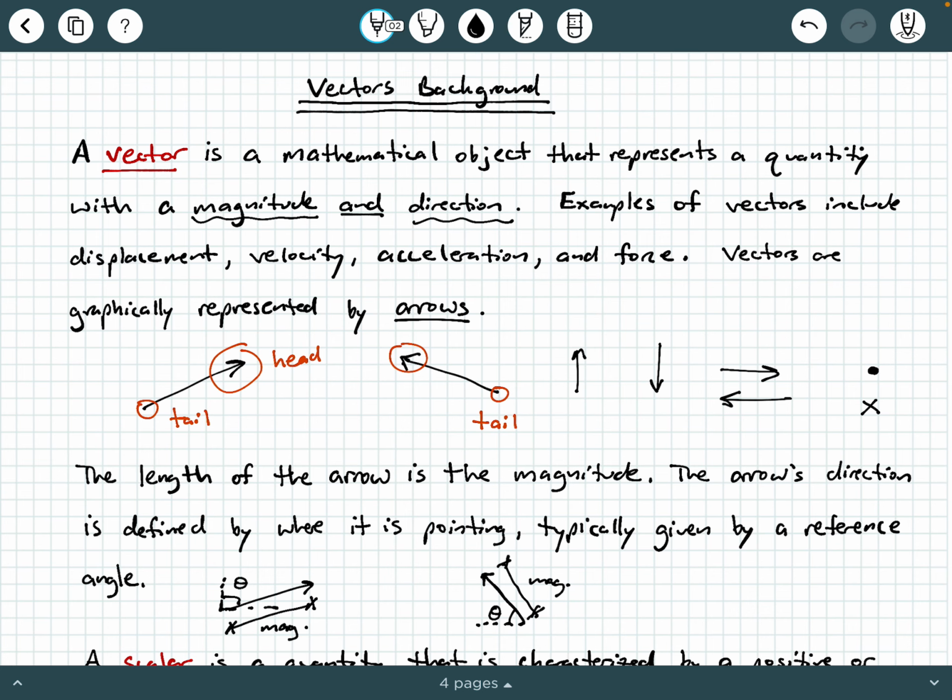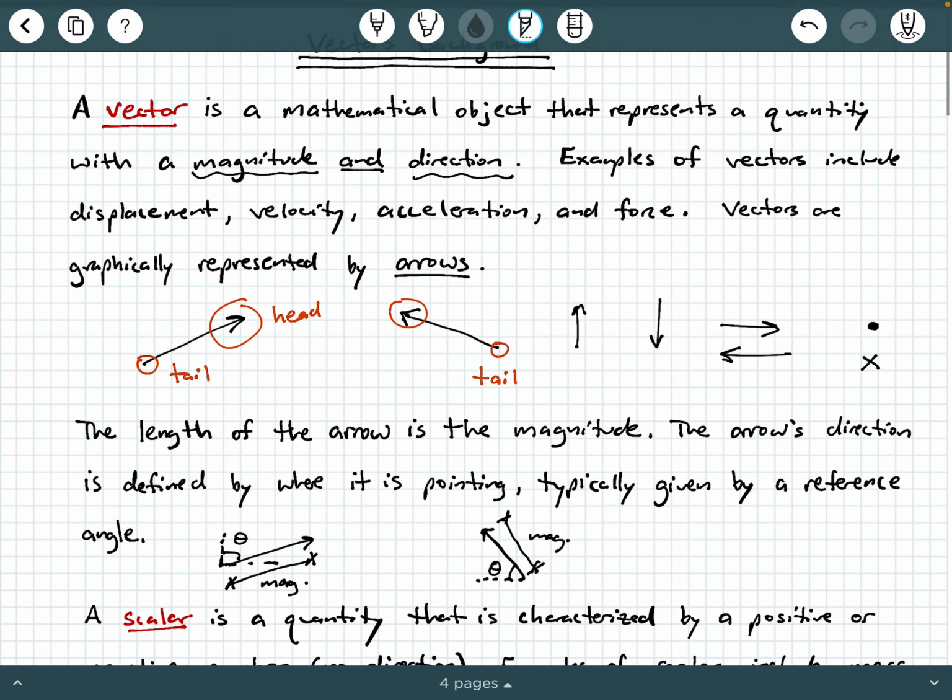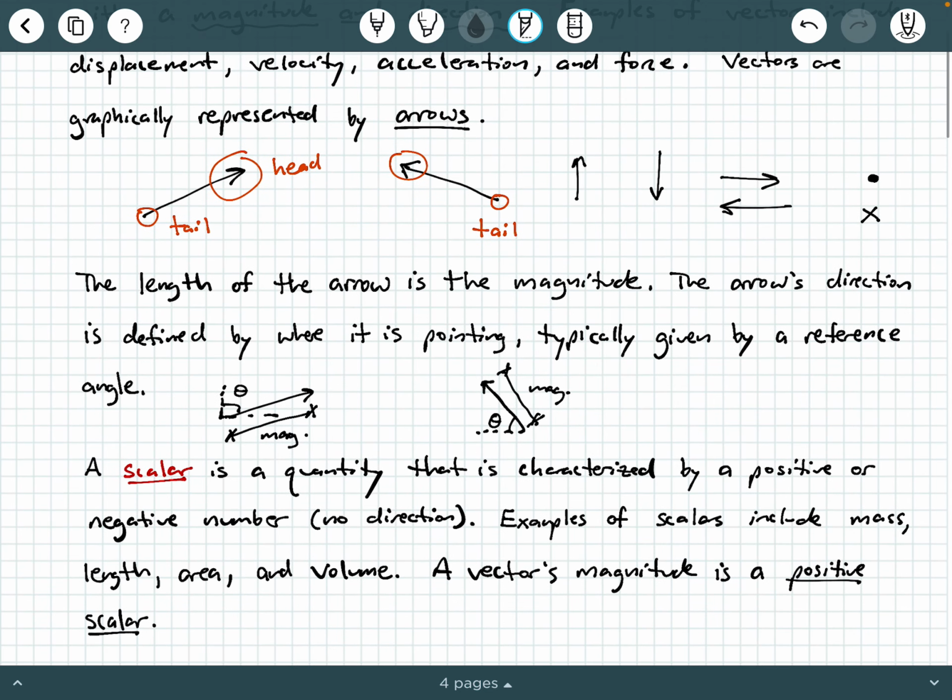Now, let's talk about another vocabulary word that we use when we're dealing with vectors. This other word is called a scalar. What is a scalar? Well, a scalar is a quantity that is characterized by a positive or negative number with no direction.